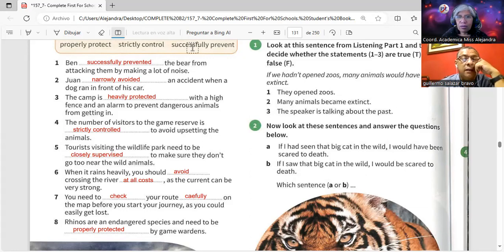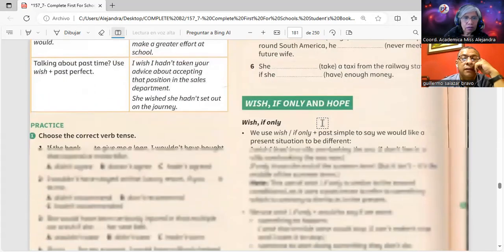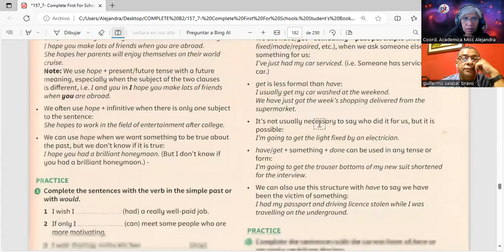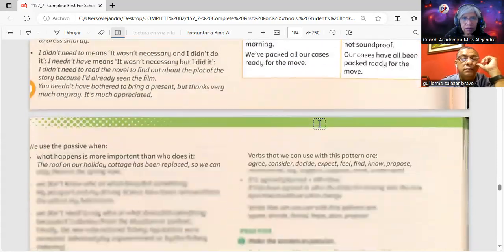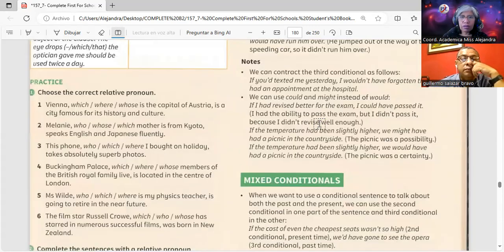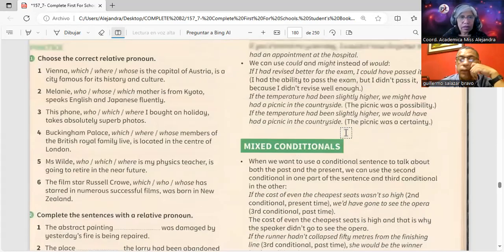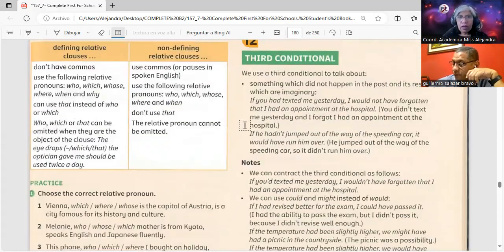Let's go to page 179. The third conditional. Here it is. Let's go to the third conditional.